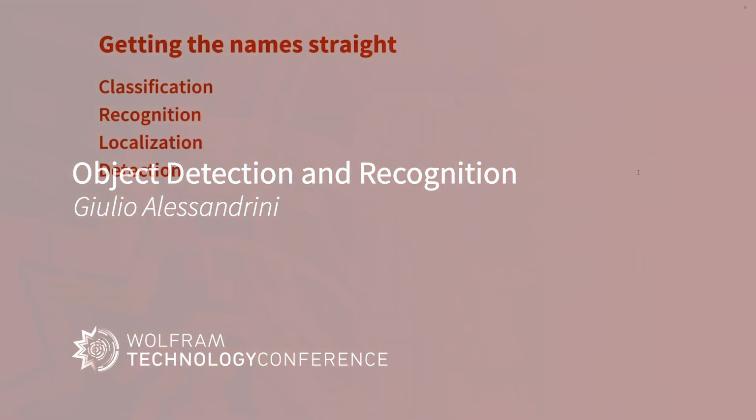So first, I would like to set some naming straight, because while I was preparing for this, I noticed that there were a lot of names that may be confusing for the same thing. So I decided to put this little piece of dictionary at the beginning, which helps clarify what we're going to talk about today.